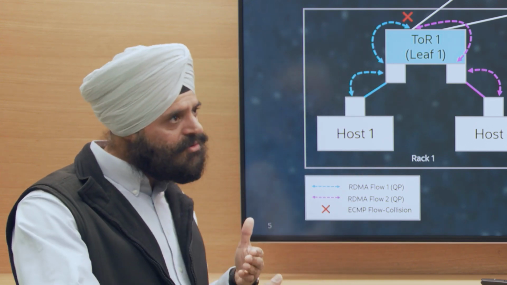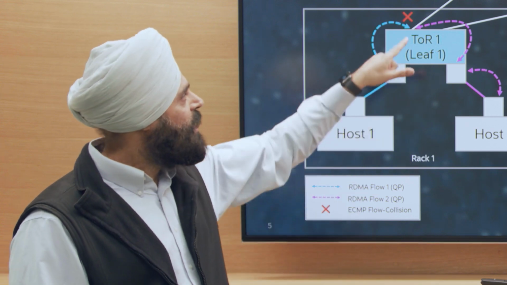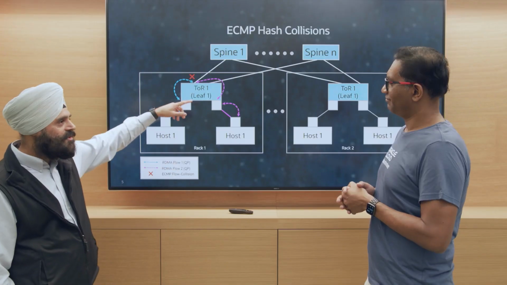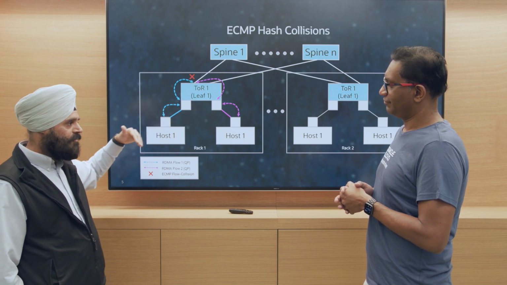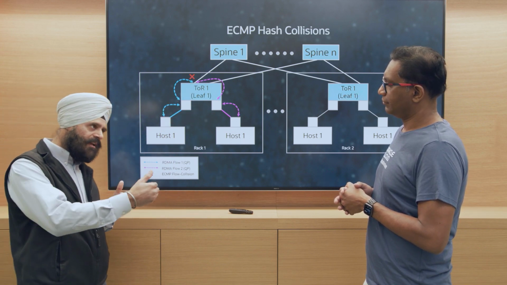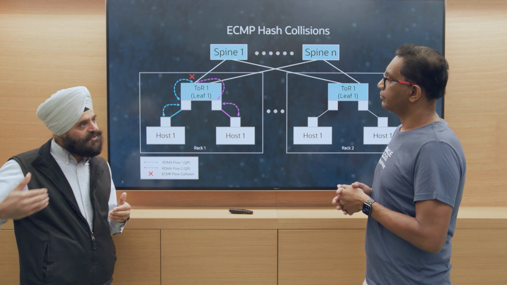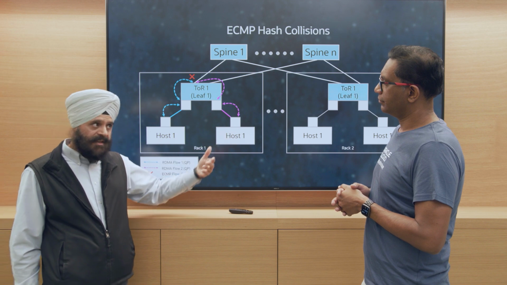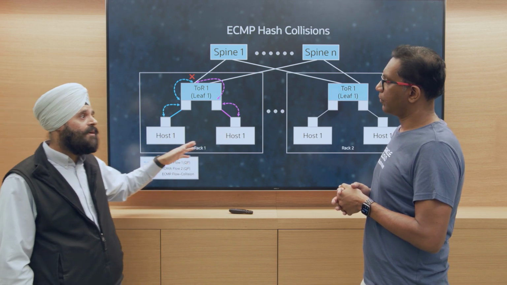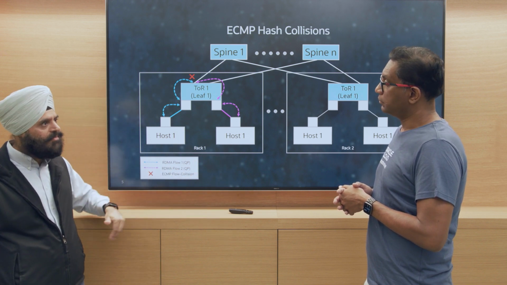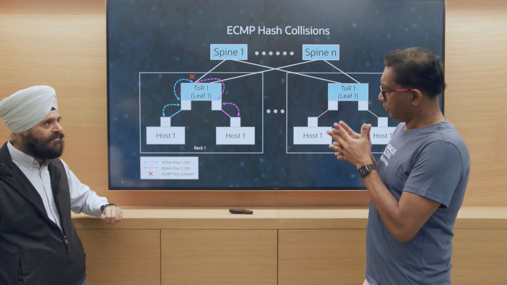It has gotten two flows on the same port. It would then try to move one of the flows to another uplink. So the end result is it may make an original incorrect decision, but over time, it will improve its decision. So this shows up, in case of GPU ML workload, as higher throughput and faster job completion time. So this is quite innovative.